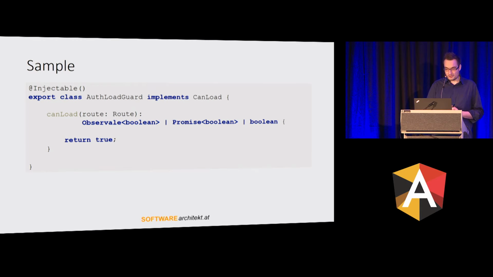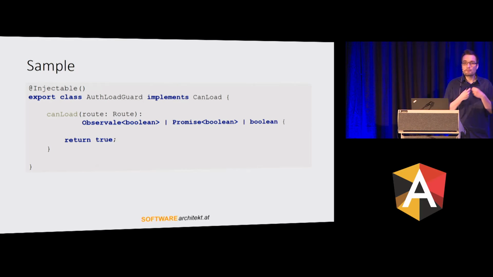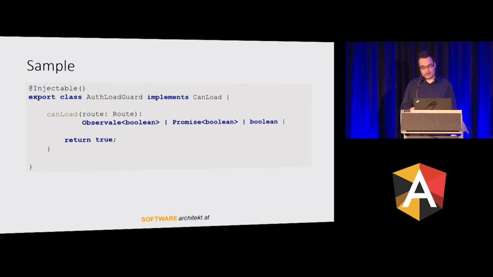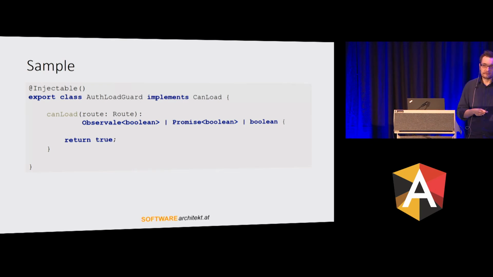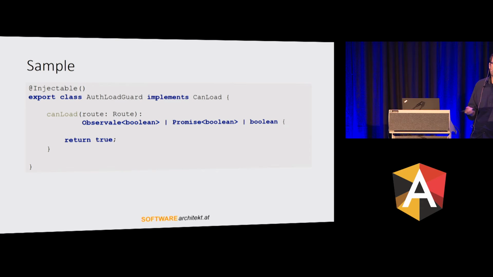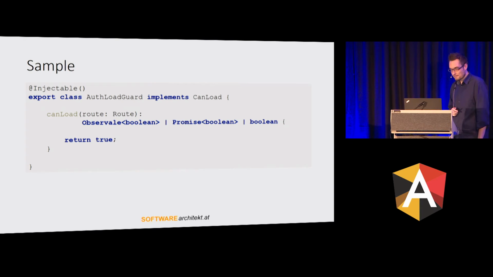As you are seeing here, the return value of canLoad is either a boolean, a promise of boolean, or an observable of boolean. With the latter two, you can postpone your decision. You can just return a promise and decide a bit later.